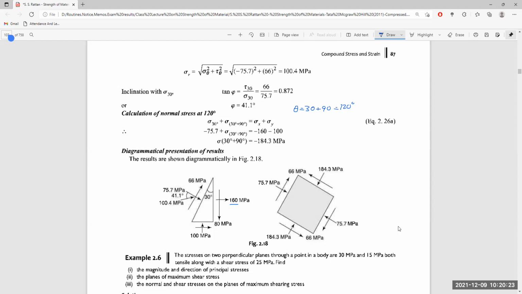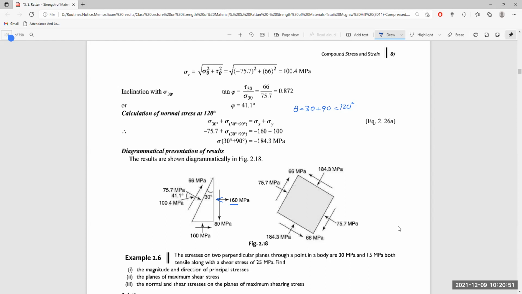It should come in this direction, and the arrow should be here because it is compressive. So 100 MPa, and both are clockwise in nature. This is 100, and we got 66 MPa shear stress, clockwise in nature, which is positive. 75 MPa is compressive in nature, and 100.4 is also compressive in nature. And the angle between them is 140 degrees.